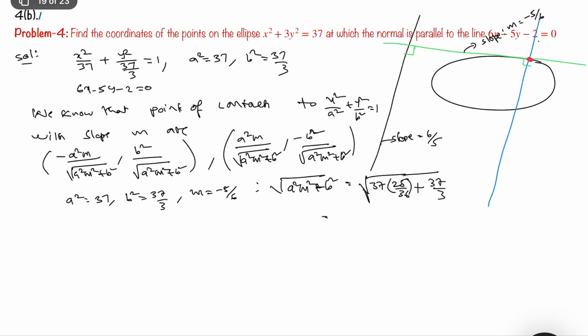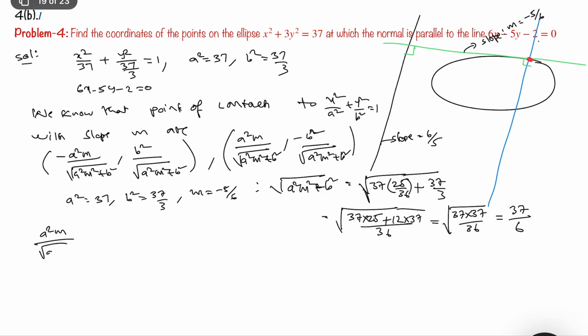Now under root, it will be 37 times 25 plus 12 times 37 by 36. So it's going to be under root 37 times 37 by 36. It will be 37 by 6.